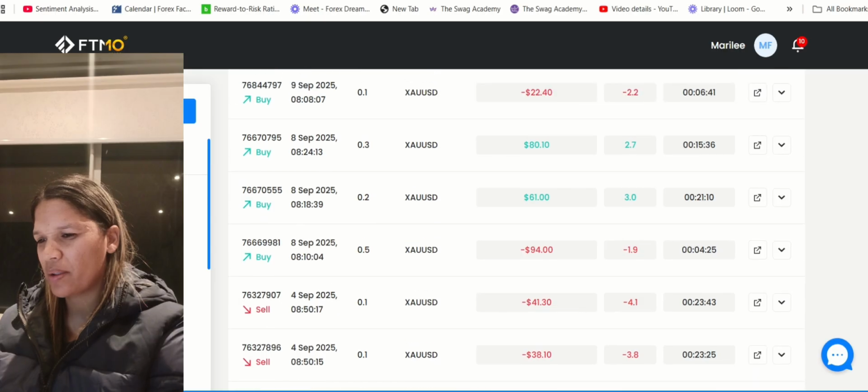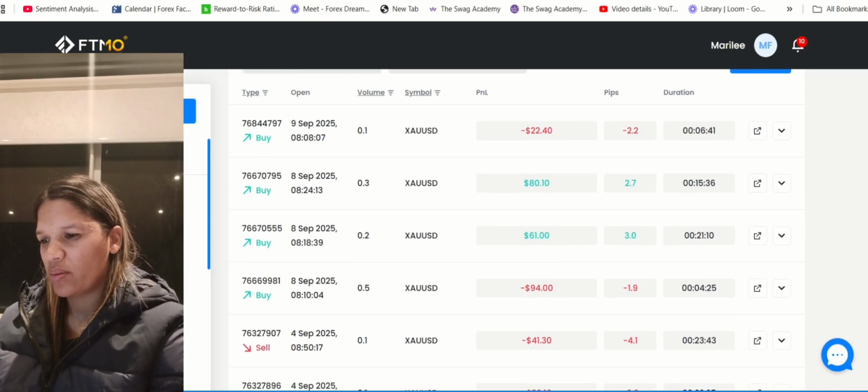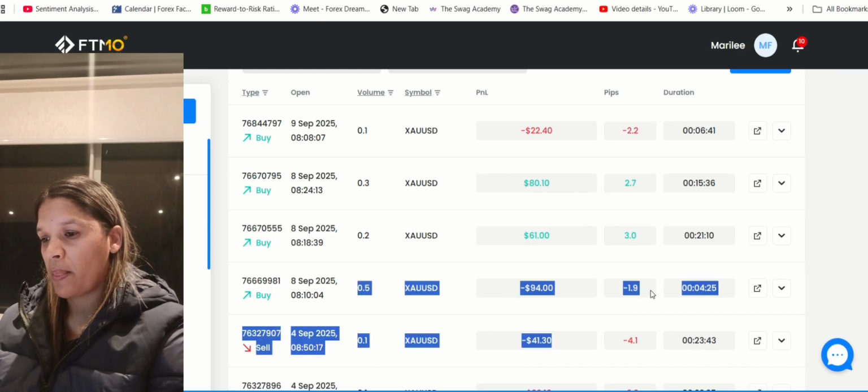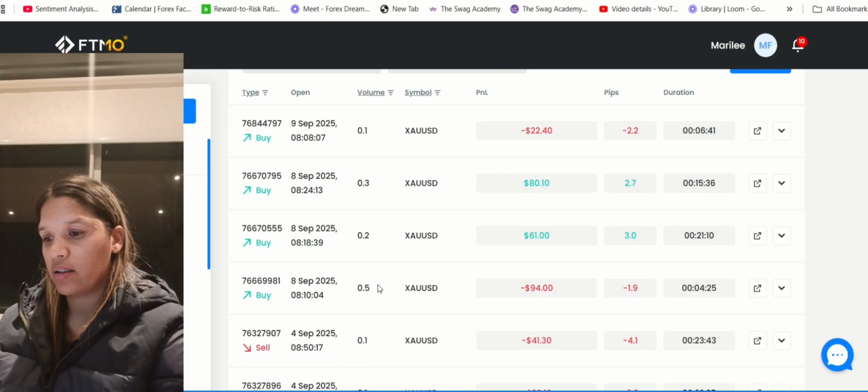The 4th, I can go into detail because I did make records of what happened on those days. And then the 8th of September, the market was just not giving, and then I also used a higher lot size here. That's why I only lost basically 1 pip, 2 pips, 2 points. But because my lot size was that high, it was a $94 loss. But I just look at it in terms of percentages.